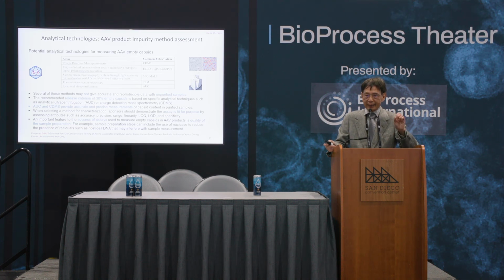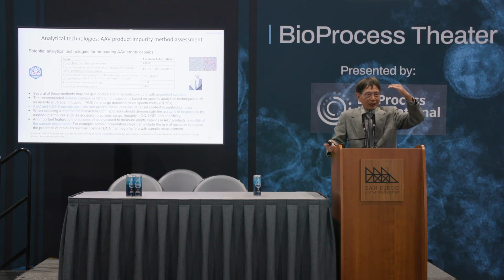So basically, let me give a little background. The full and the empty, the traditional gold standard is called AUC. So basically, you take your sample, you spin for a day, and then the heavier one goes down, right? And the empty one is on the top, so you can get the distribution. So that's very low throughput. Basically, I did that before.